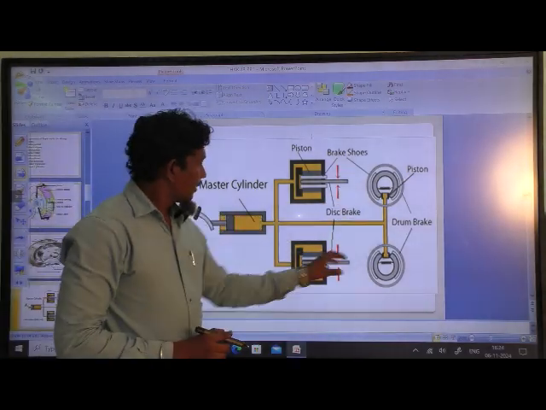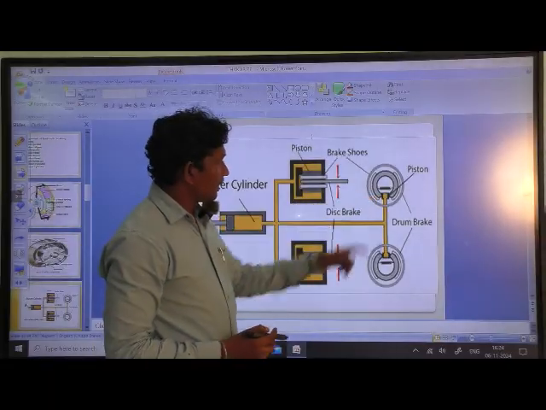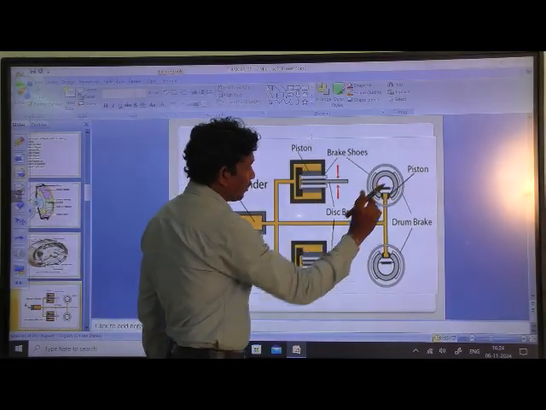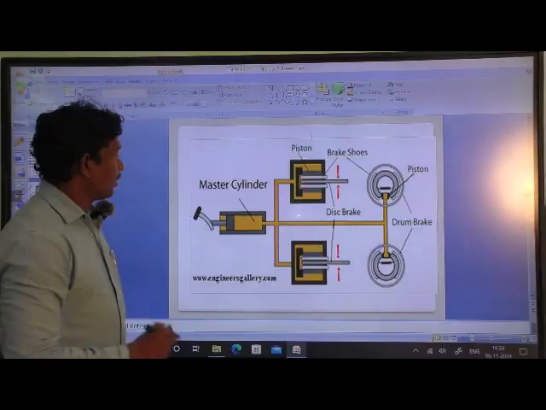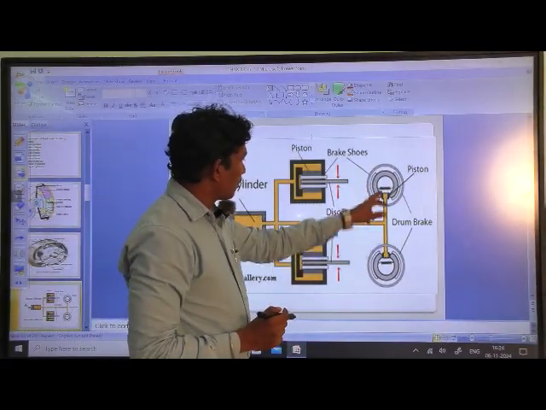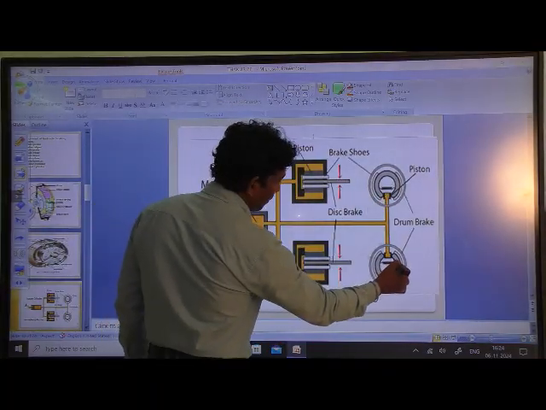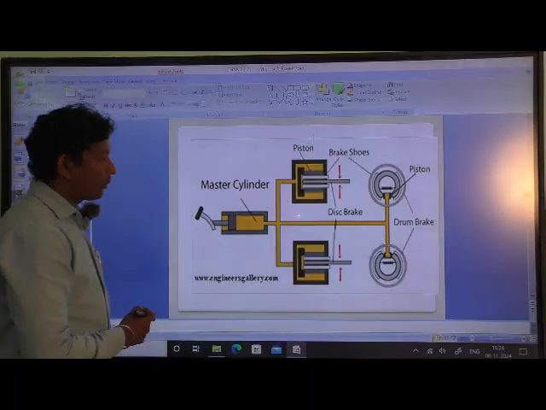In the wheel cylinder there are two pistons separated by a small spring. Whenever pressurized fluid comes to the wheel cylinder, it expands the brake shoe toward the brake drum.